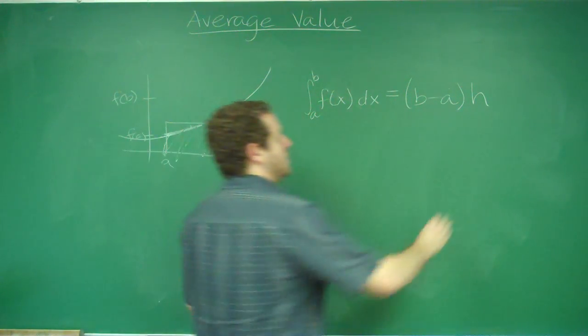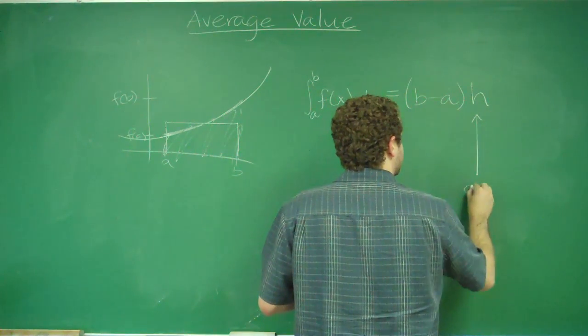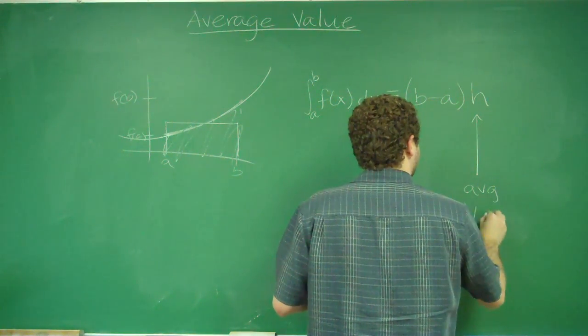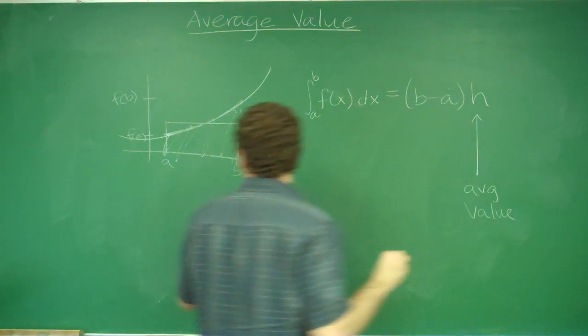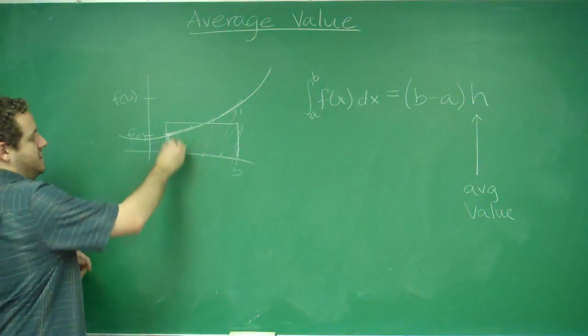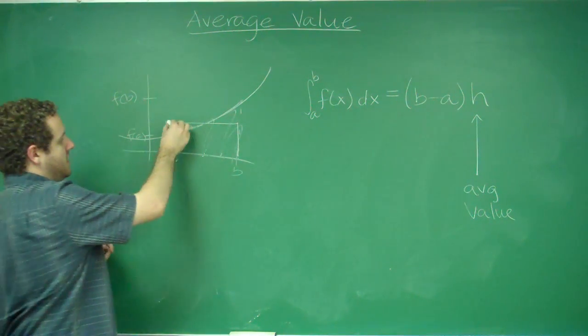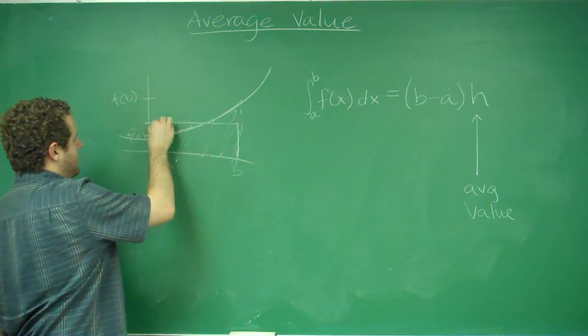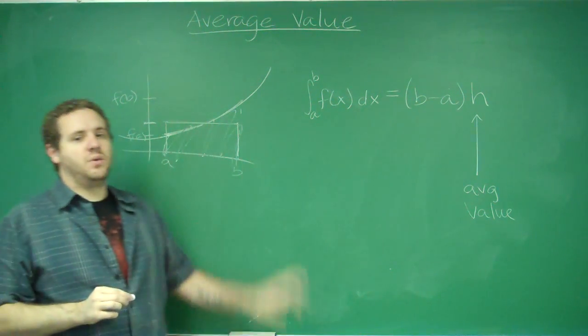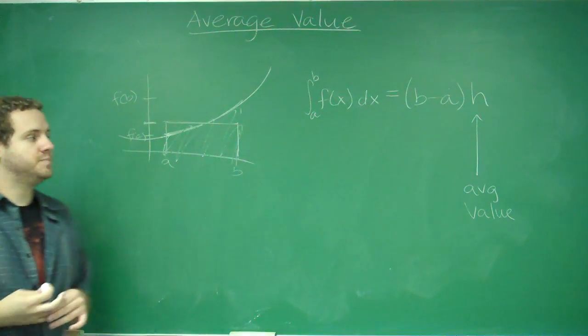This h right here, that is the average value of your function. So, for example, I redrew this here approximately. This y value right here is the average value of that function over that interval.